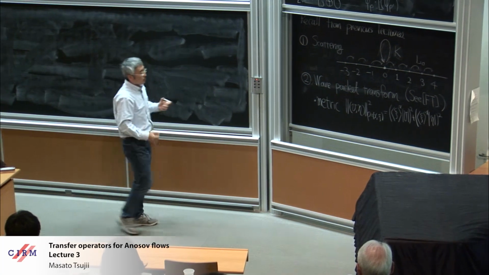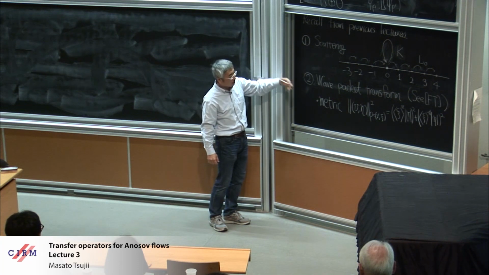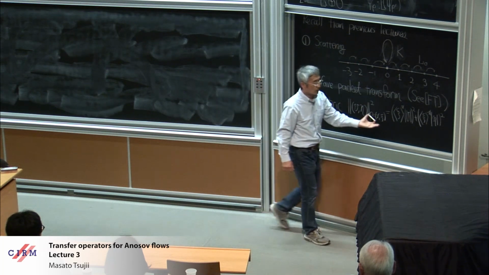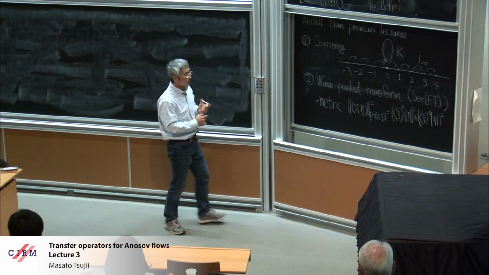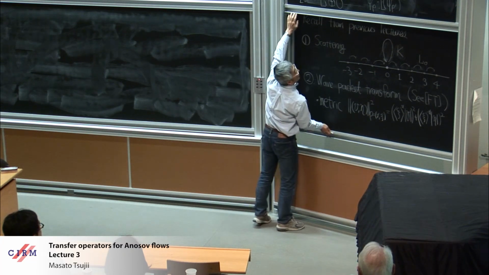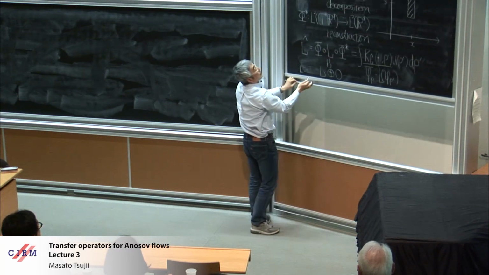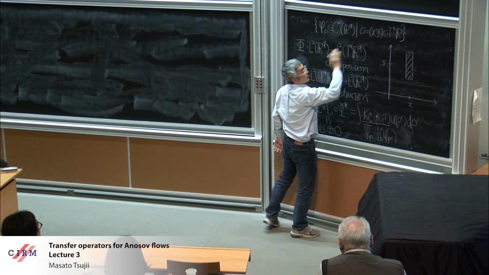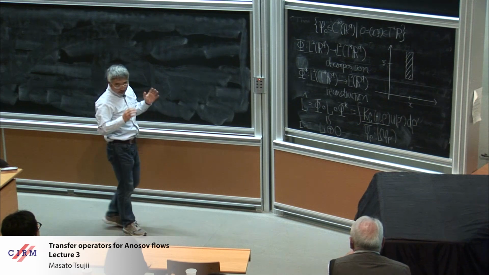So the first step of the construction of the wave packet transform, there are many ways of constructing this, but maybe one way is that first we fix some metric. And this decides the size of the wave packet. This is a metric on the cotangent space. Then, adapted to this metric, we construct some wave packets.